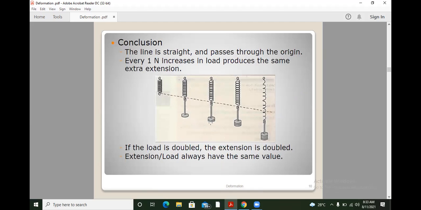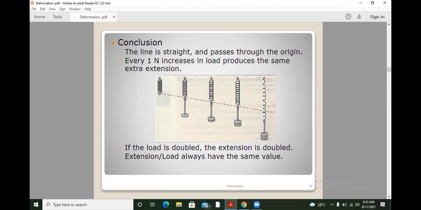Similarly, if I add 2 Newton force, my spring can again get its original shape. With 3 Newton force, again it can get its original shape. But if I increase the load to 4 Newton, you can see the spring gets deformed, and that is the point where my graph is not linear.